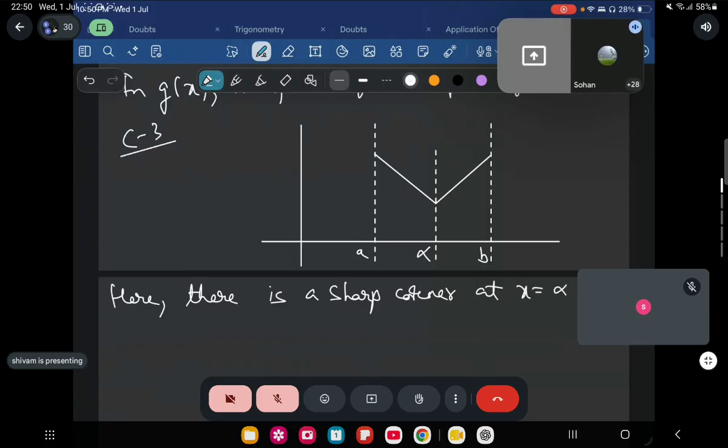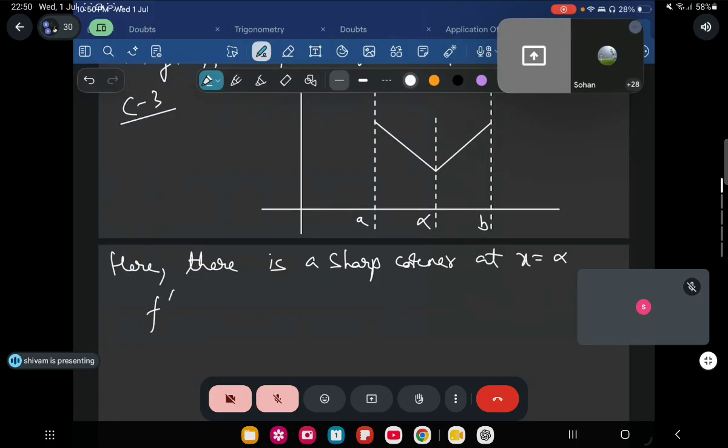So Sohan, tell me, what is f dash alpha minus? Anyone else, tell me what is f dash alpha minus? Raise your hand. Tell me, what is f dash alpha minus?